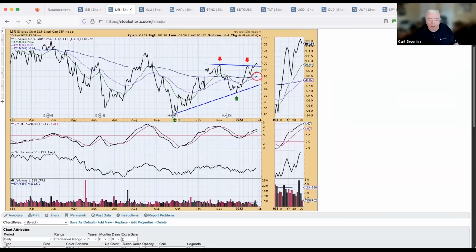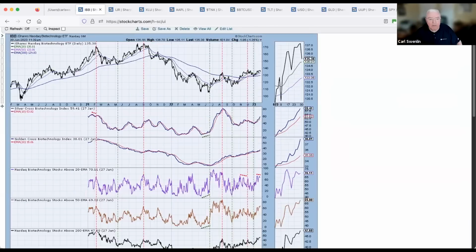But what I want to get back to is this lower low and the lowest low in September, October, back to when I set these charts up this weekend. You notice we have the lowest low of the bear market in June for the biotechnology, and actually the bull market high was in September, whereas the major indexes had their major high at the very end of December.